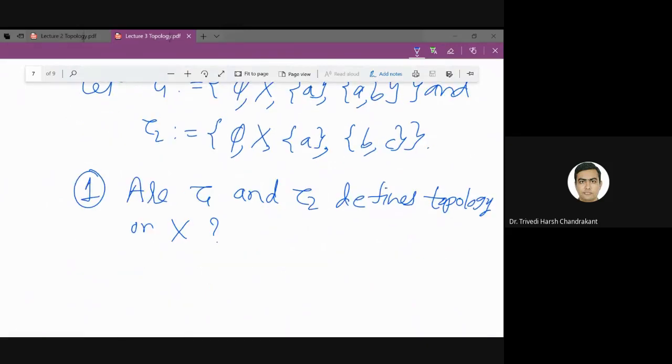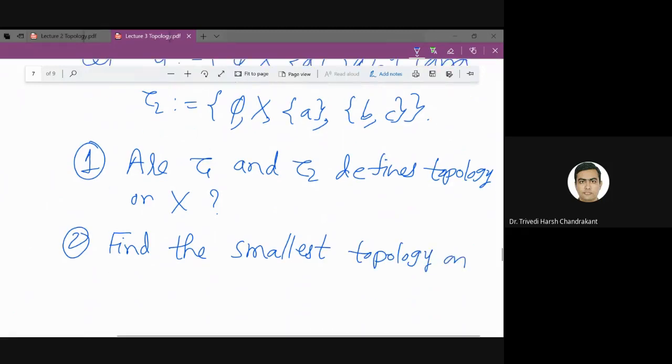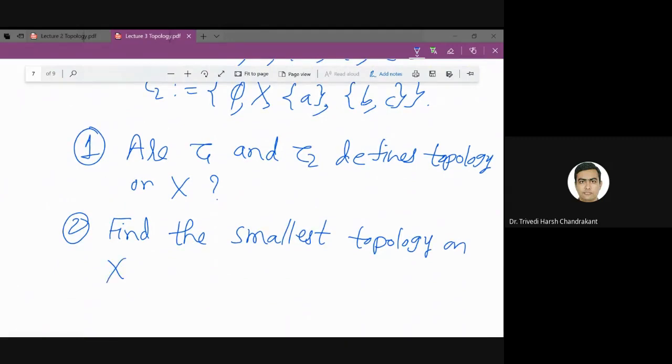The second question is: find the smallest topology on X containing tau1 and tau2.